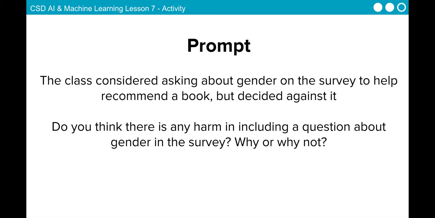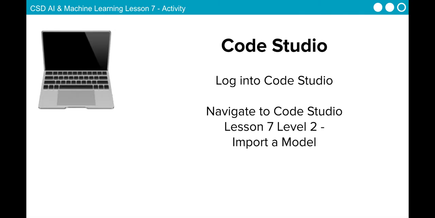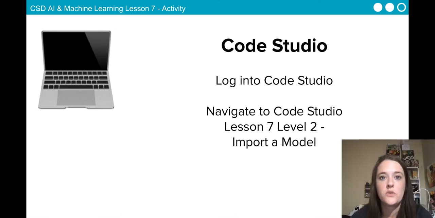So what you're going to do now is go to Code Studio, and you are going to import a model. When models are imported into AppLab, a lot of code is pre-generated, and that can feel a little overwhelming. So if you feel nervous about needing to understand everything that has happened after you import a model, think about it this way.